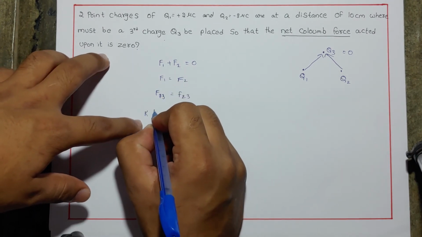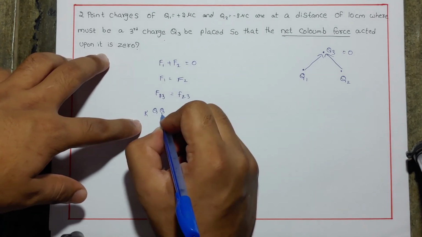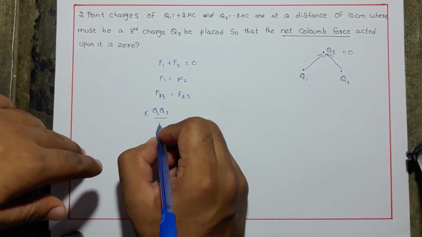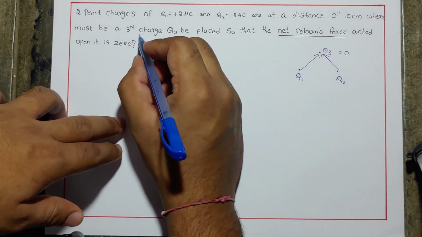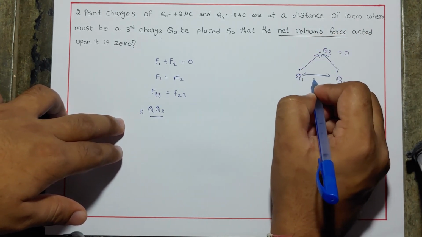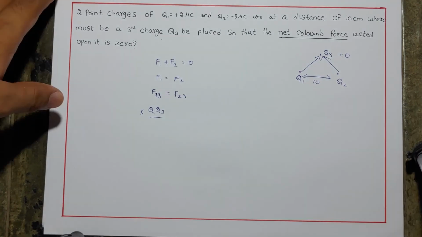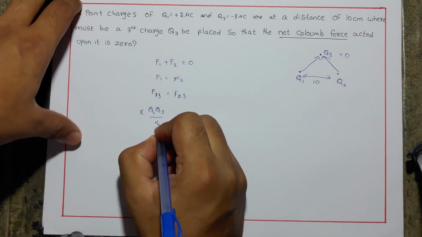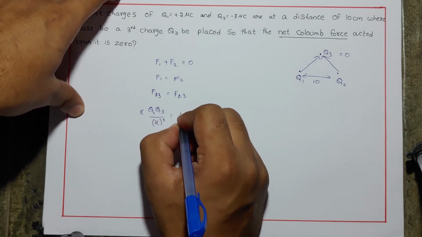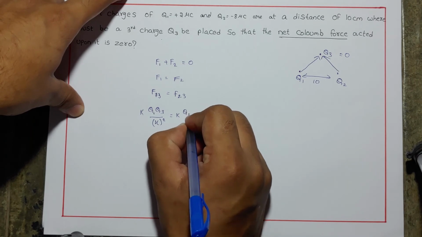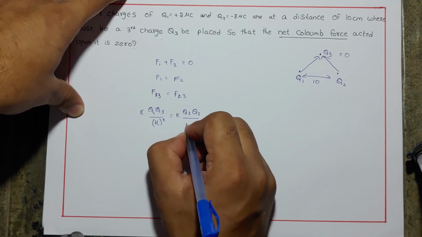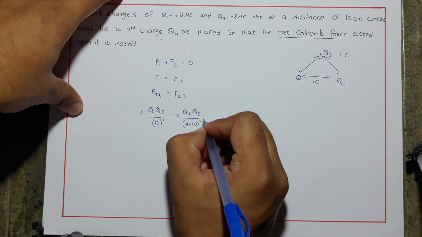K times Q1 and Q3 by the distance between them. Here it is said that the charges are at a distance of 10 centimeters. Let us take the distance as x, and we know that distance square, that is x square, is equal to k times Q2 times Q3 by x minus 10 whole square.